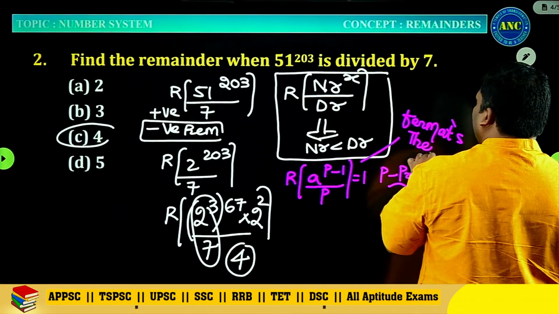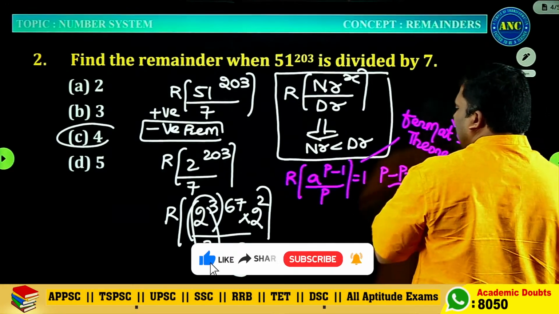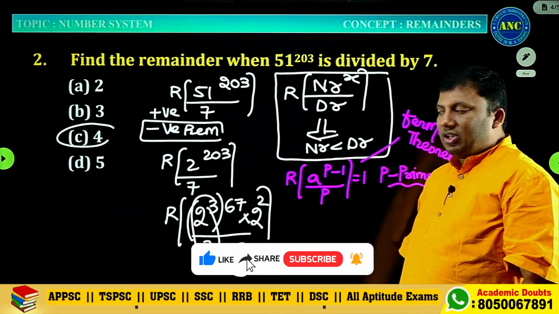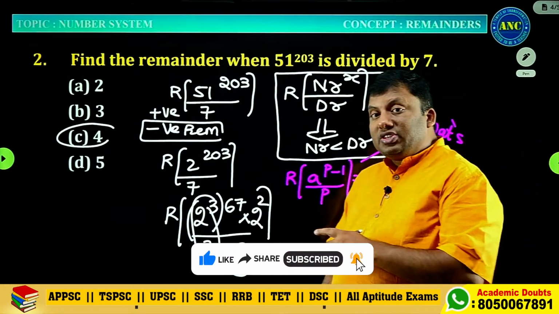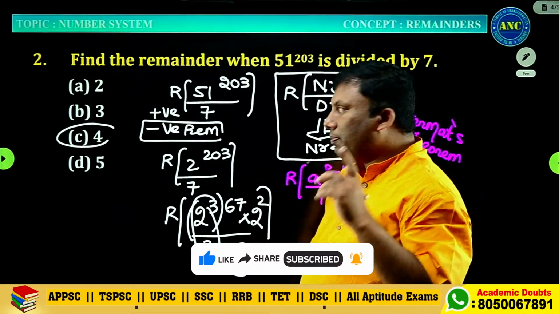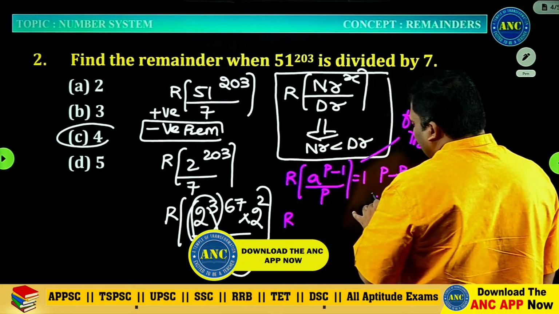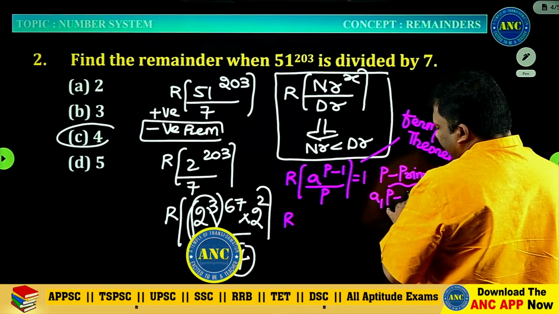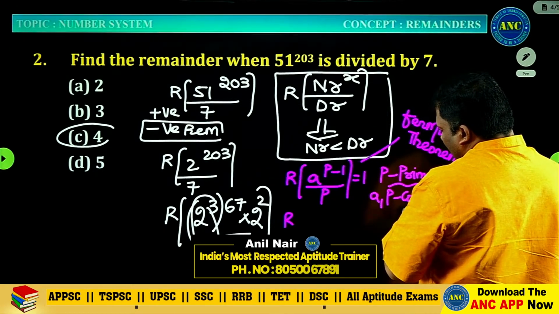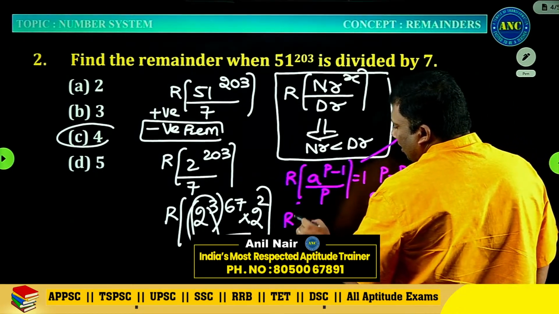A power p minus 1 when divided by p, remainder is 1. This is when the denominator is a prime number, and A and P should be co-prime.